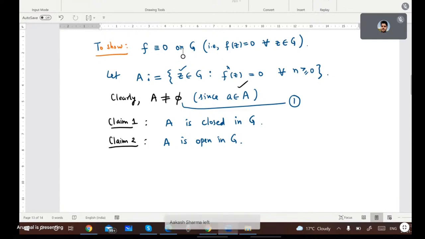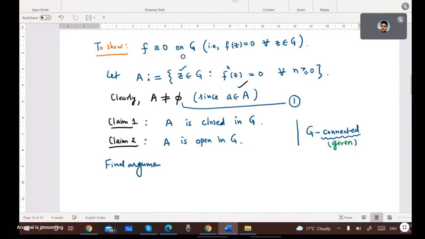Now class, remember, we are given that G is connected. So far we have not used this fact explicitly. It is given to us, class, in the statement of the theorem. Do you remember this? Yes, sir. Our G is open and connected. Then I will use the following logic. This will be our final argument.